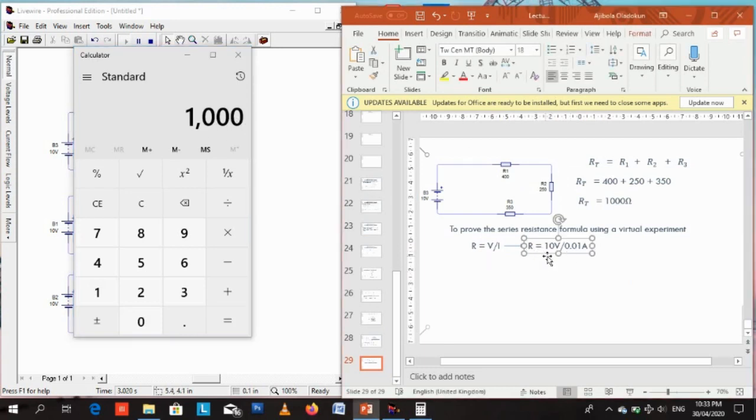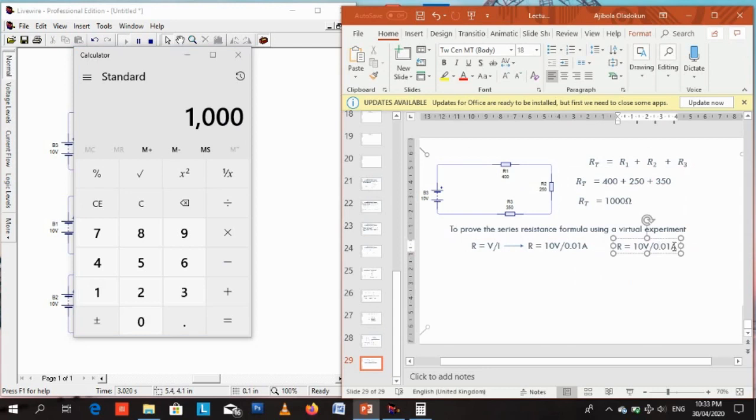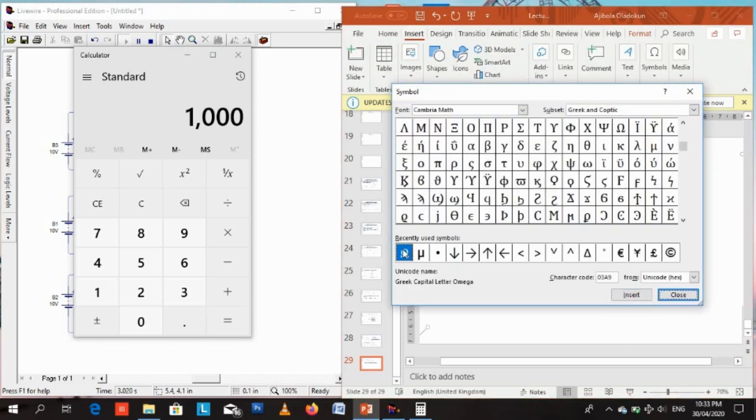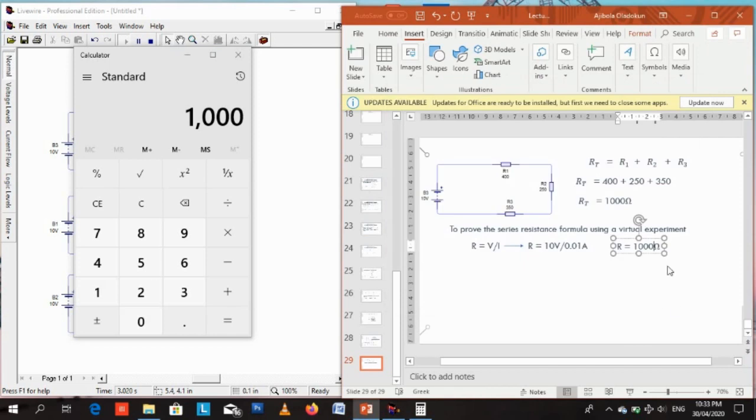So we've used Ohm's law, in conjunction with the LiveWire virtual laboratory, to verify the value of that resistor. We used a voltmeter and an ammeter to verify that the value of that resistor is 1000 ohms.